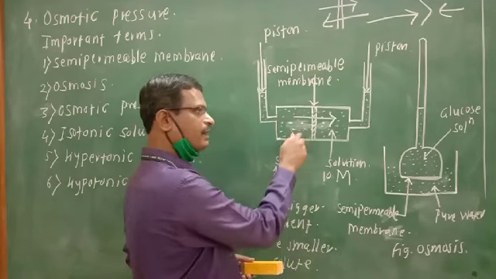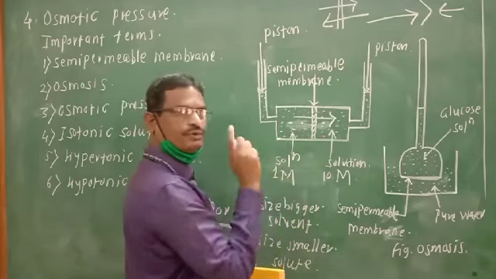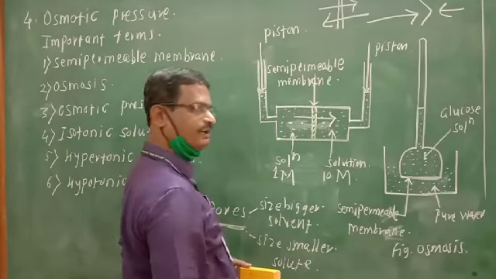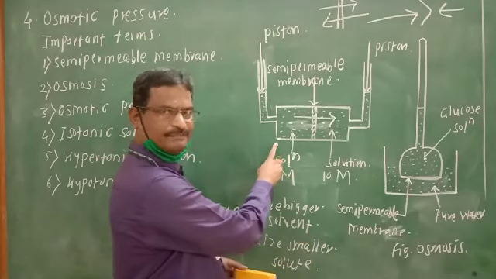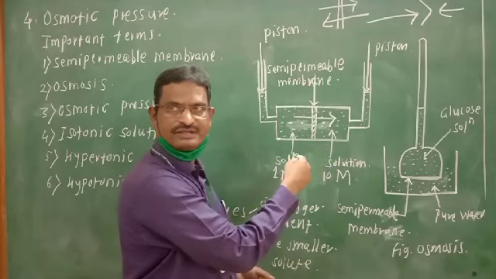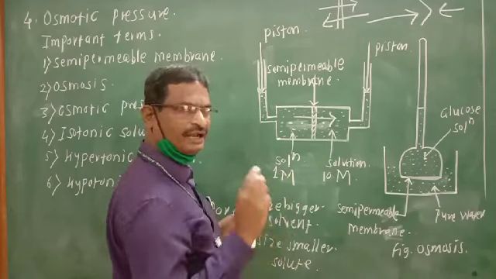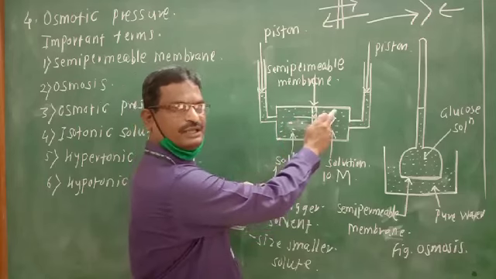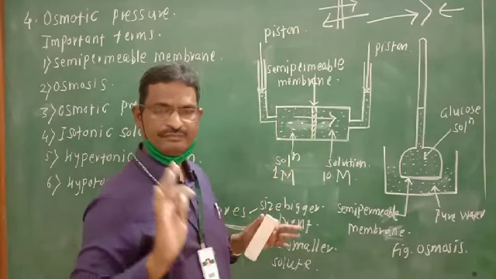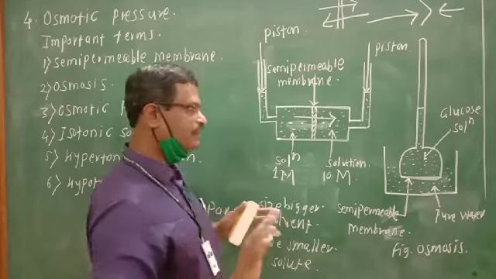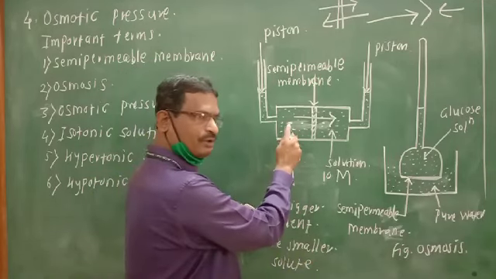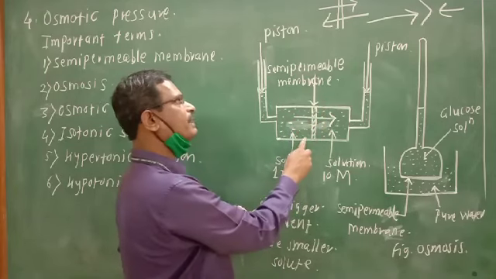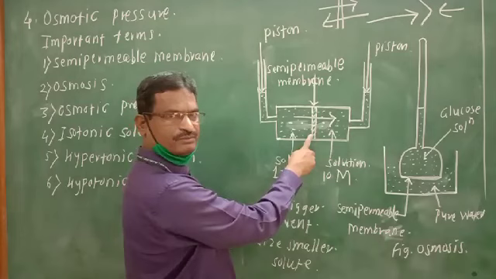Therefore, whenever two solutions of two separate concentrations are separated from each other by a semi-permeable membrane, one of them has less concentration, the other one will have a higher concentration. At that time, here also the movement takes place from the lower concentrated solution to the higher concentrated solution. There is a movement of solvent from a solution of lower concentration to a solution of higher concentration through a semi-permeable membrane, known as osmosis.